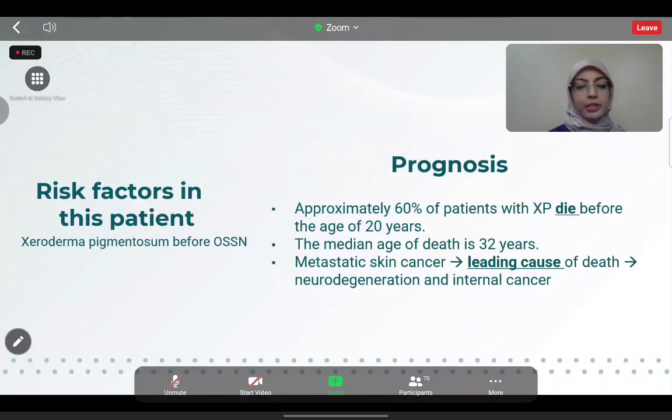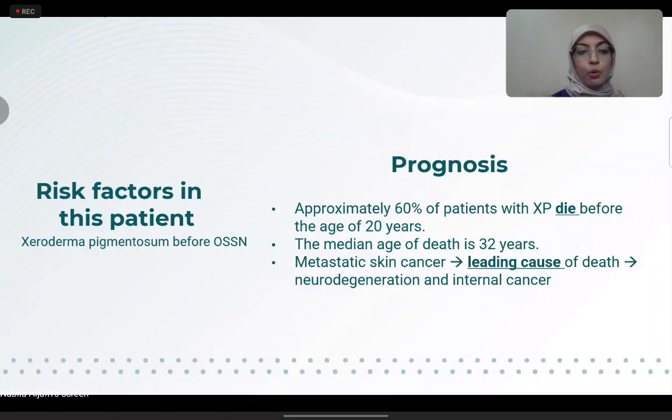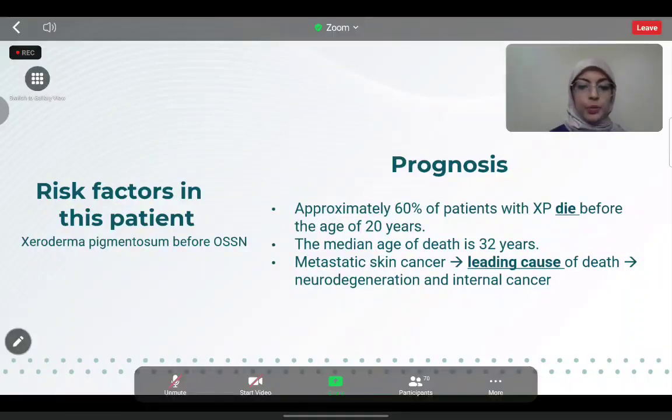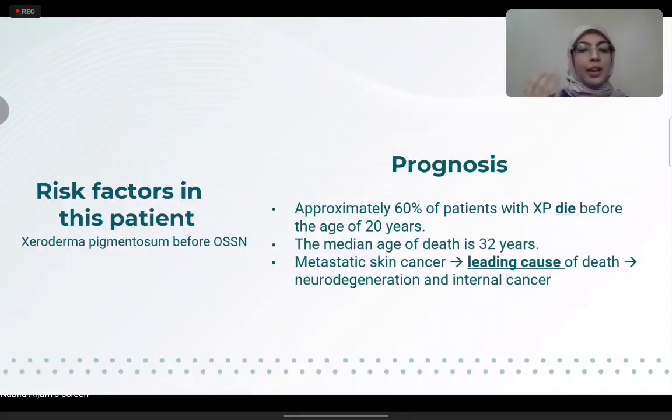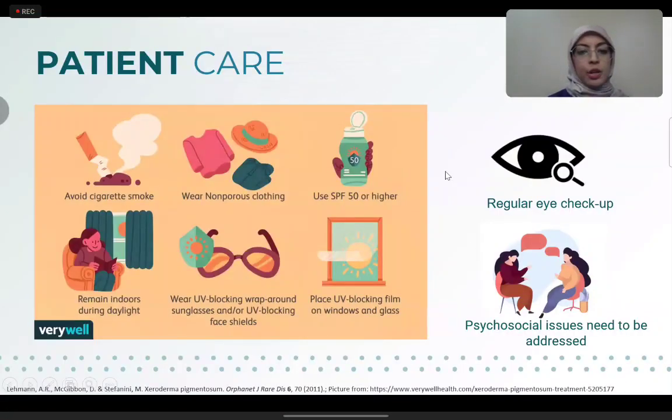So in this patient, the risk factor for OSSN is the xeroderma pigmentosum itself. For the prognosis, approximately 60% of patients with XP will die before the age of 20 years, with a median age of death of 32 years, with metastatic skin cancer as the leading cause of death, followed by neurodegeneration and internal cancer. So what should we inform the patient?